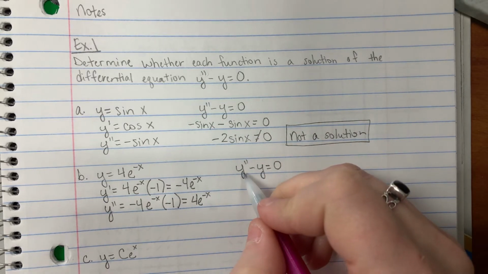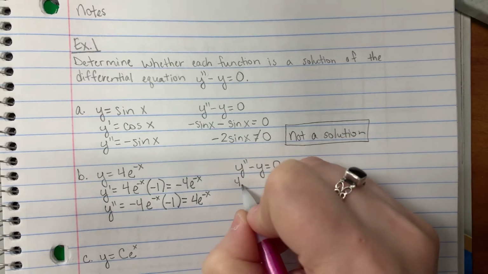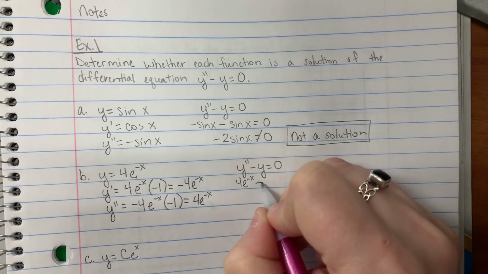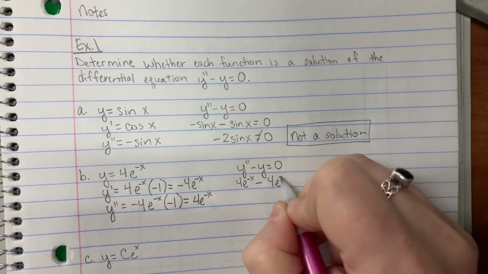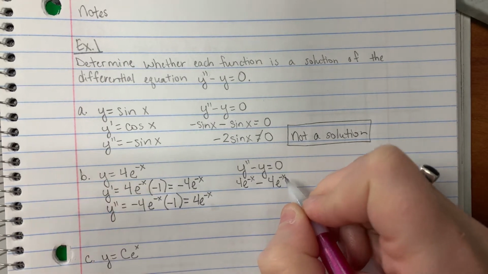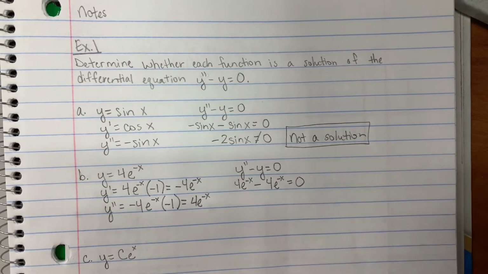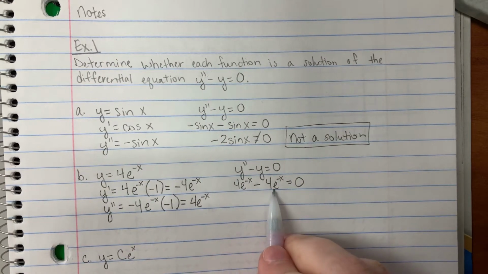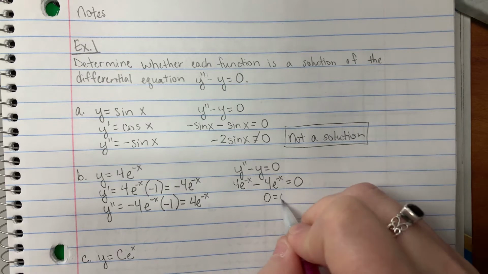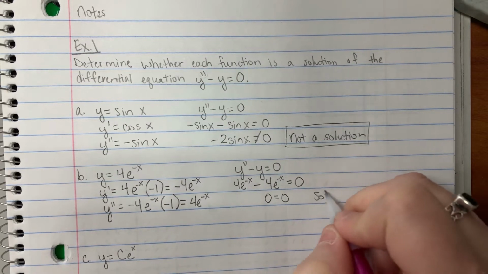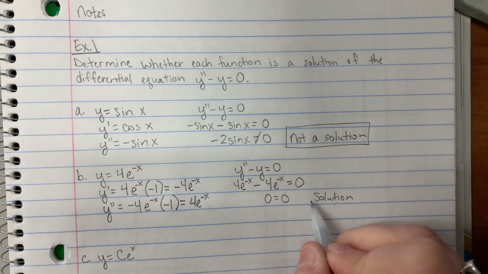So I'm going to plug those in. y double prime would be 4e to the negative x, minus y, which is 4e to the negative x again, and that is supposed to equal 0. Well, this minus itself is 0. So this one is a solution.